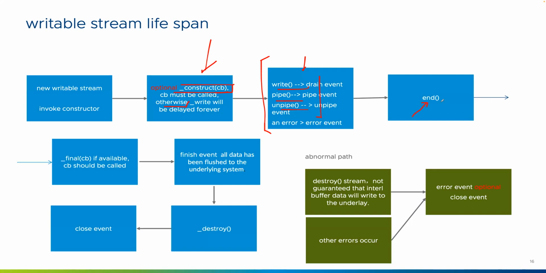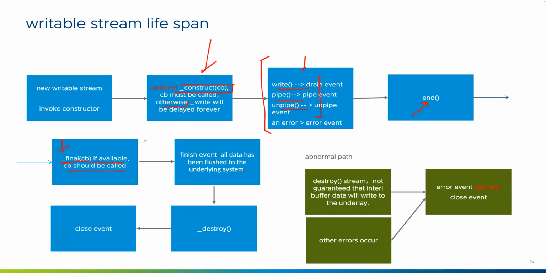And then the end statement will invoke underscore final with a callback as a parameter, if available. If you define this underscore final, the callback should be called.